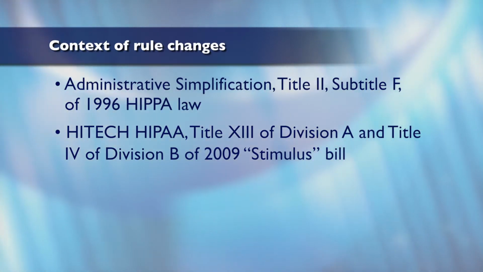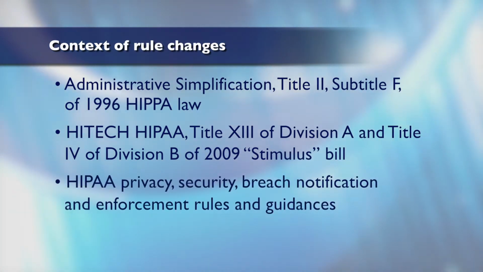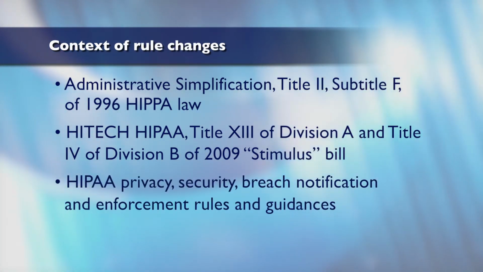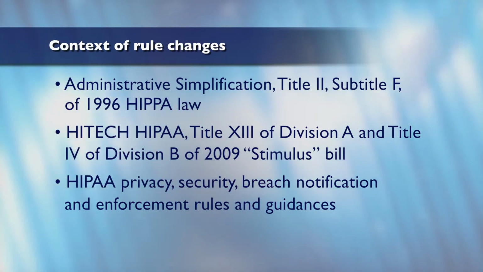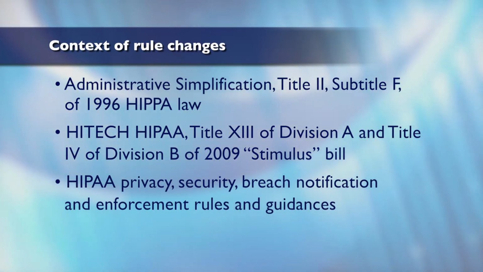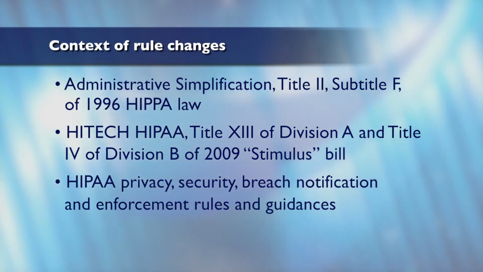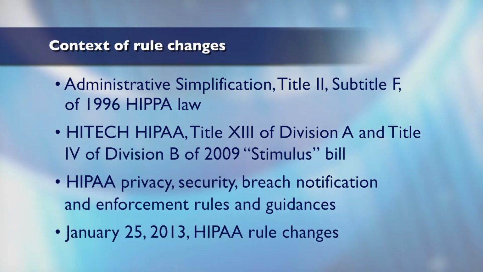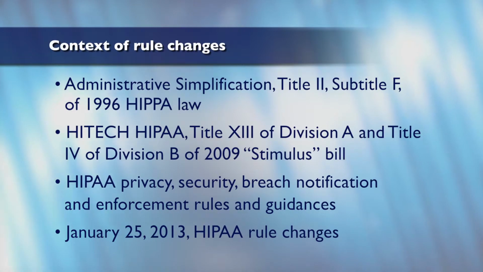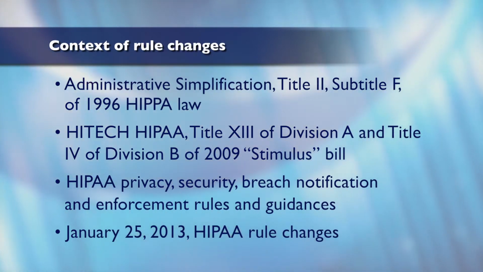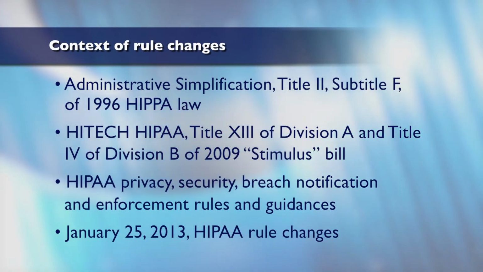Out of these two sets of laws, then, came the HIPAA privacy, security, breach notification, and enforcement rules. In addition to those rules, the federal government has issued from time to time guidances to help the healthcare industry comply with HIPAA requirements. And the most recent iteration of rulemaking occurred in January of this year, when on the 25th it issued the HIPAA rule changes that we're going to be talking about in today's session.